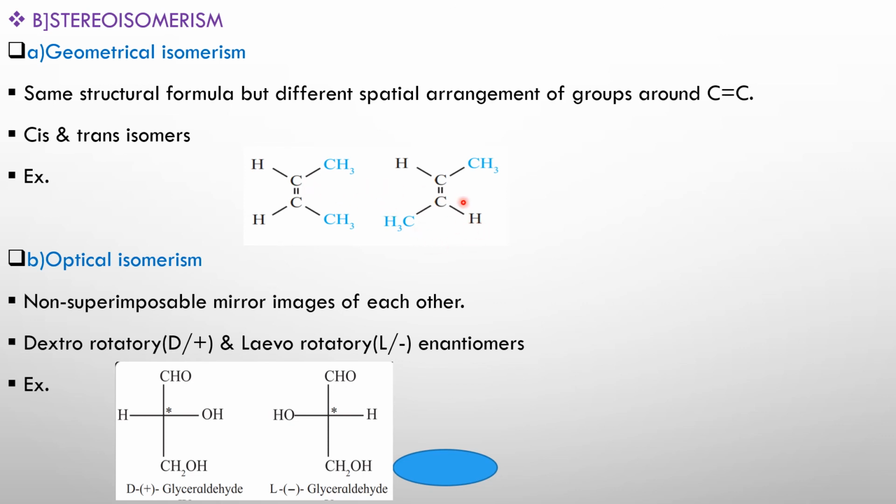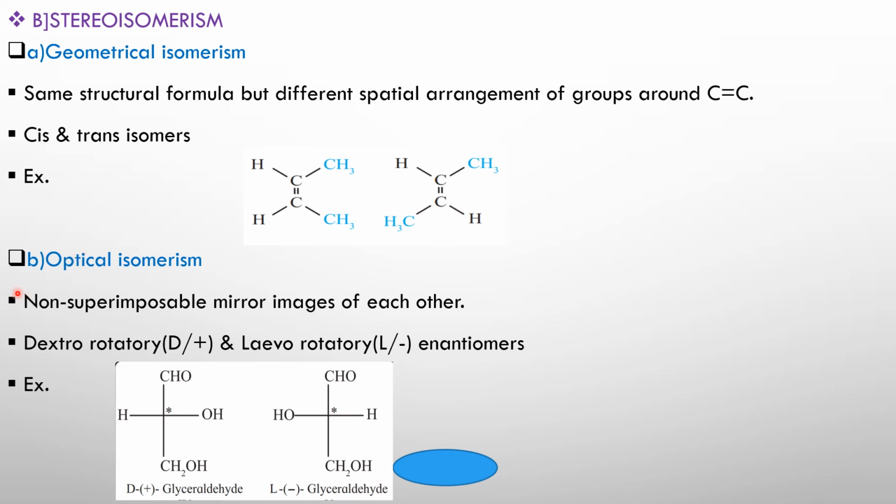So for butene we have these two isomers, and they are formed due to different spatial arrangement of the methyl groups and hydrogen atoms around the carbon carbon double bond. Such isomers are cis and trans isomers.